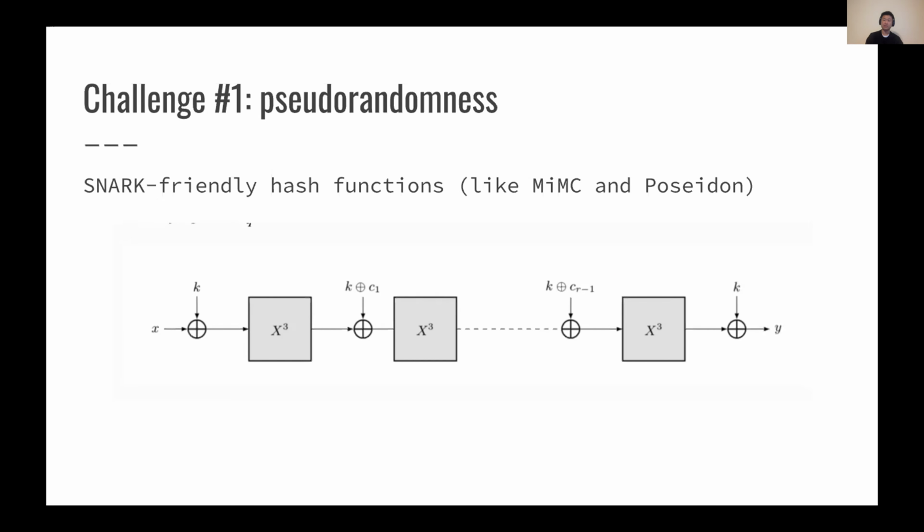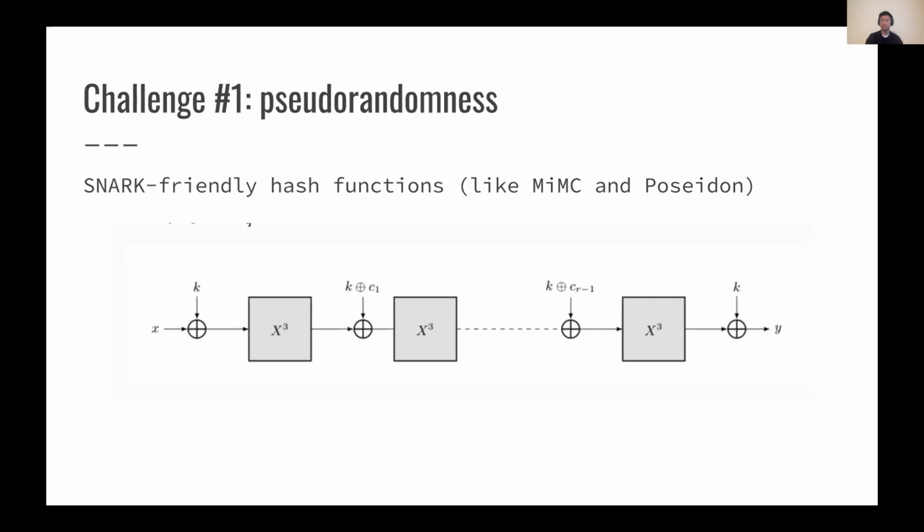I'm going to use a SNARK-friendly hash function, essentially as a random oracle. There exist SNARK-friendly hash functions like MiMC and Poseidon, which are optimized for creating random-looking outputs while being very cheap to verify inside of a SNARK.